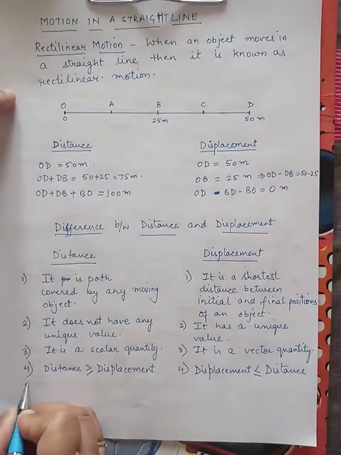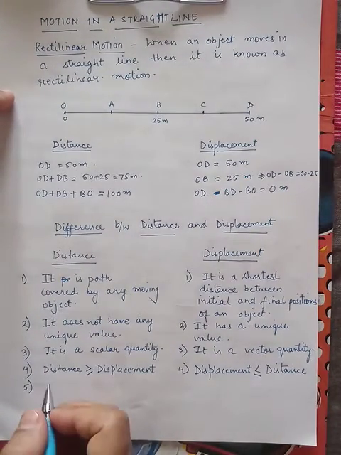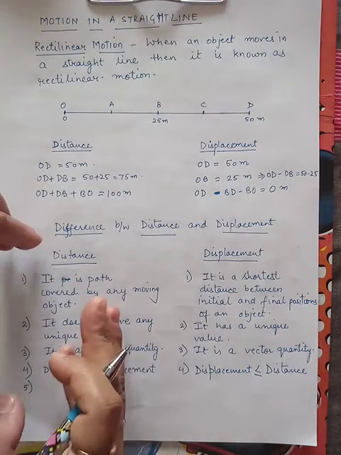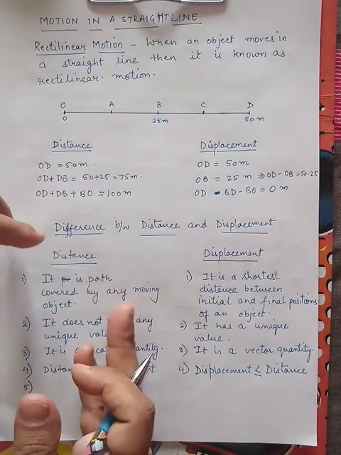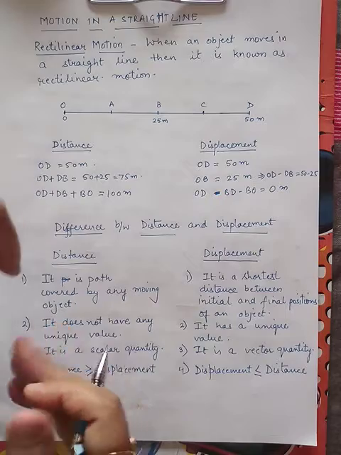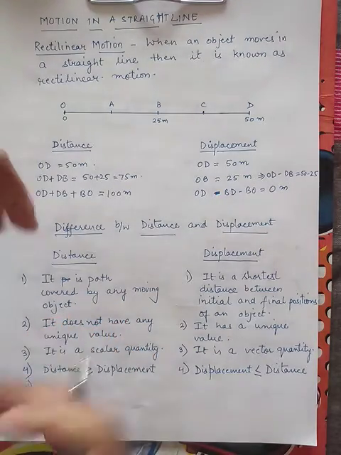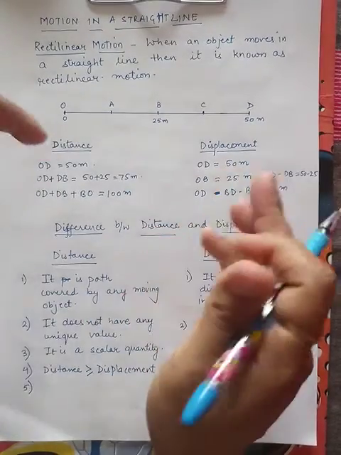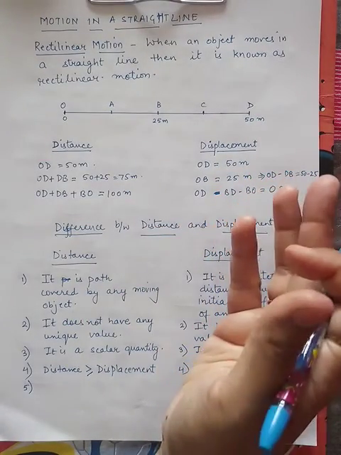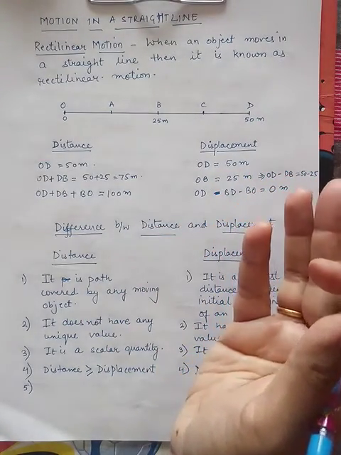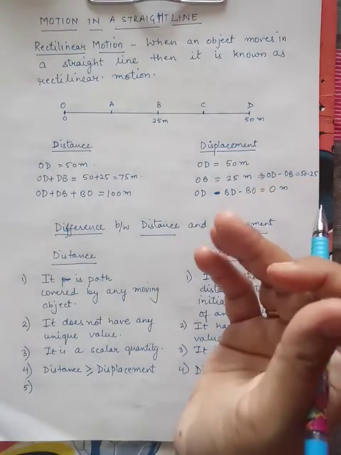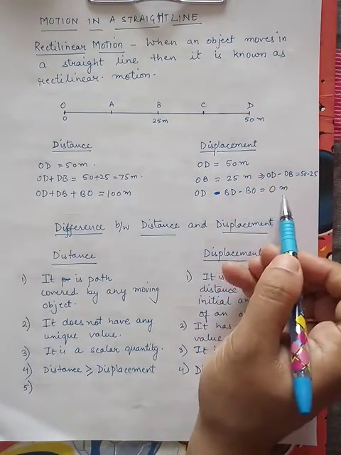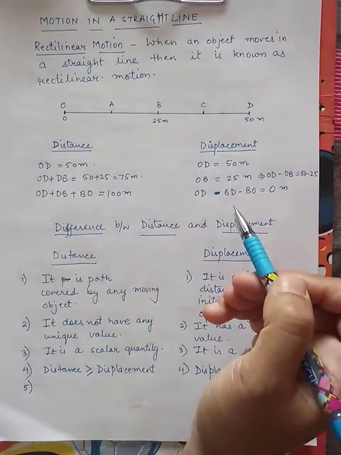Now the last and important point of difference: distance can have only positive values. It can never be negative, it can never be zero. Displacement is direction dependent, so it can have a negative value, it can have a zero value. We have understood here that it can be zero.